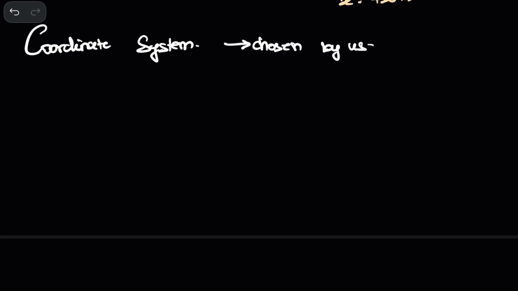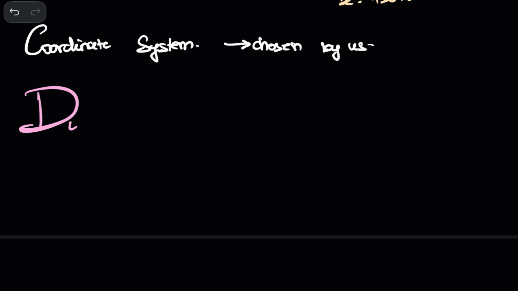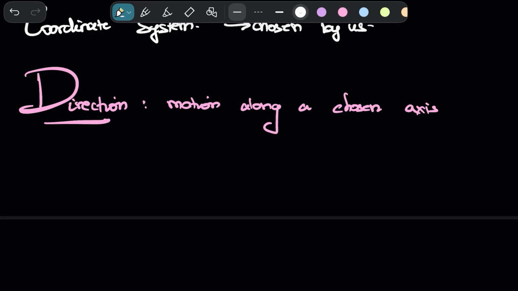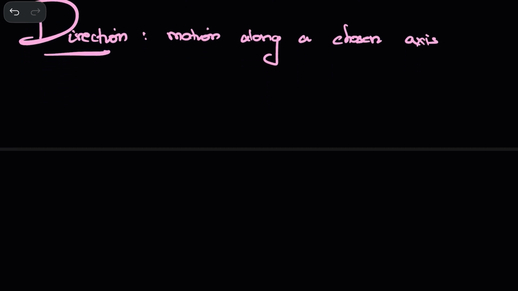Next up, let's understand direction. Direction would be motion along a chosen axis. In one-dimensional kinematics, motion happens along a line. Now we have dimensions, right? If it's happening in a line, then you call it one dimension.